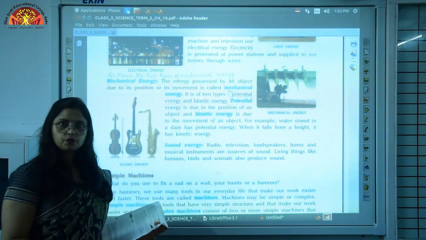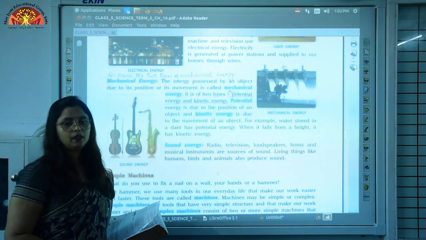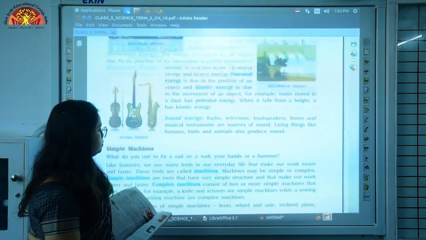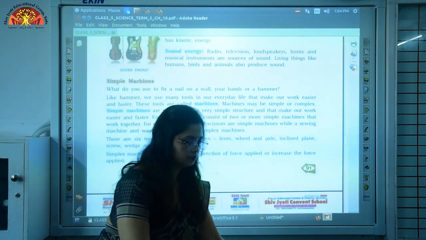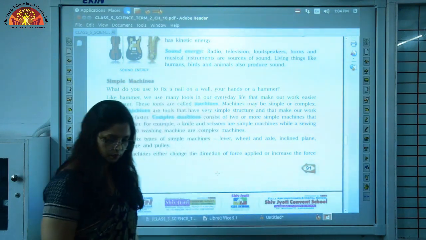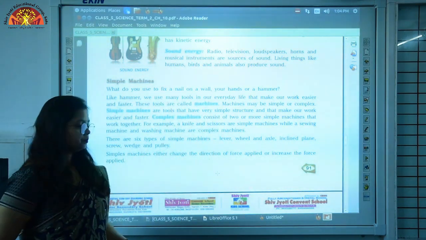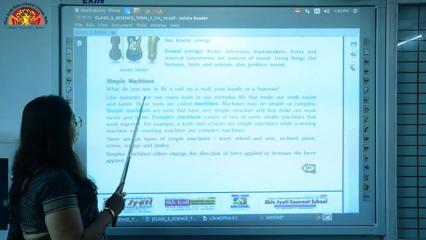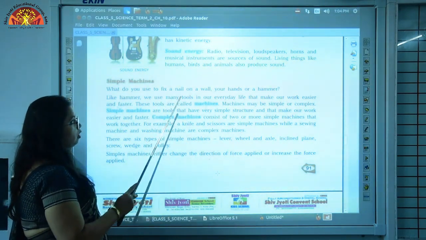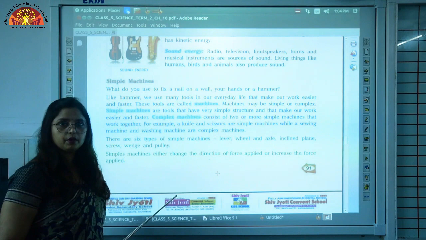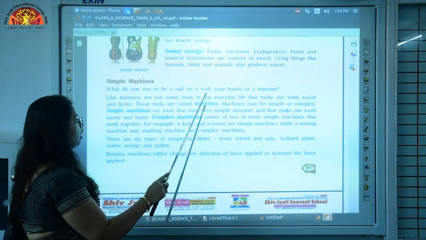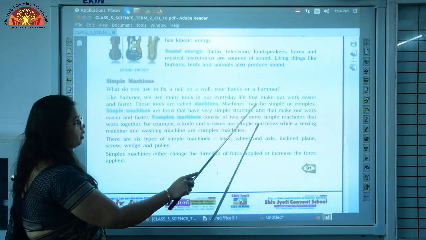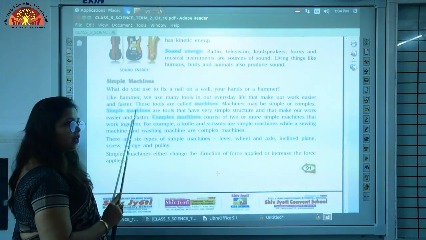So, now let us move to our next topic, that is simple machines. So, children, what do you use to fix a nail on a wall? Your hands or a hammer? So, here like hammer we use many tools in our everyday life that make our work easier and faster.